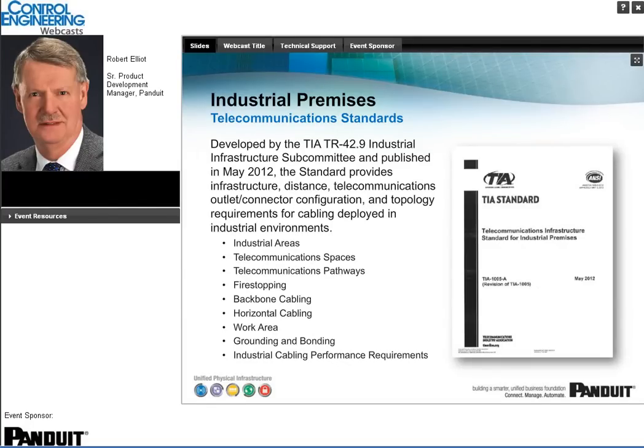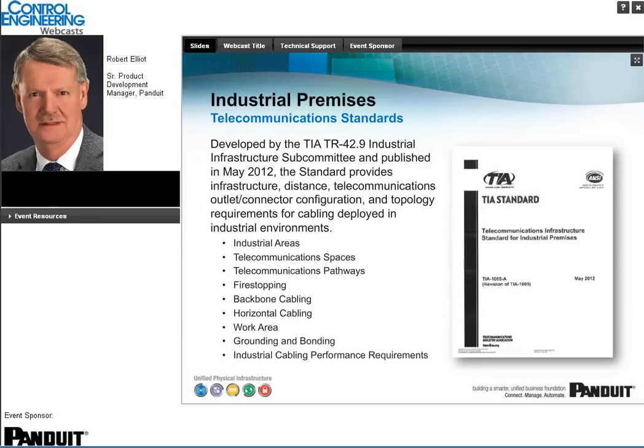Well, perhaps the lead document used for network design has been created by the Telecommunications Industry Association, TR-42.9 Committee, the Industrial Infrastructure Subcommittee, that publishes standards based on infrastructure that give guidance for distances for cabling, the locations and configurations for the outlets and connectors, and the topology requirements for the cabling.